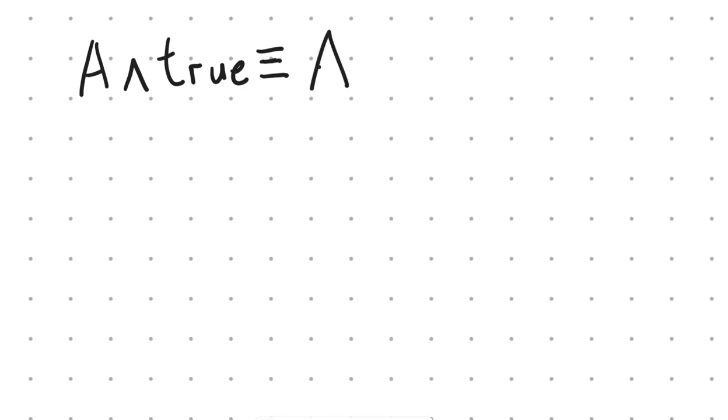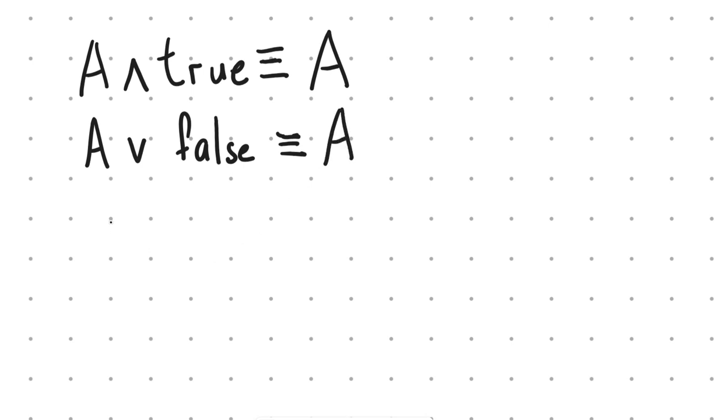Now I'm going to show you guys what the identity law looks like. For any statement A and a true statement, it's always the statement itself. And if we have A and a false statement, then it's always the statement itself.